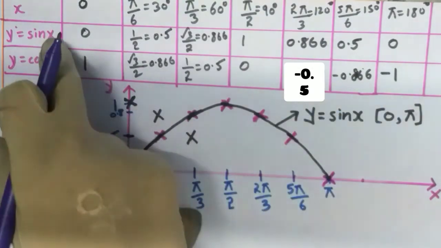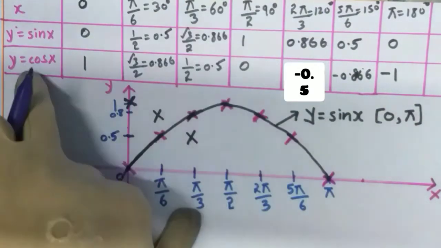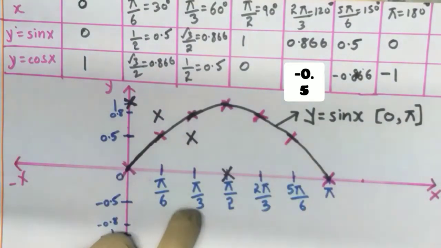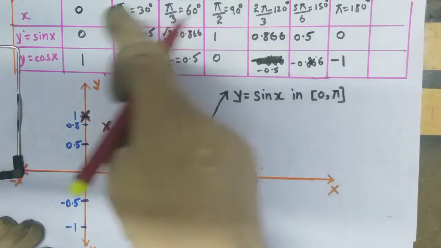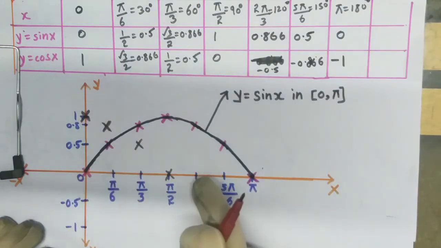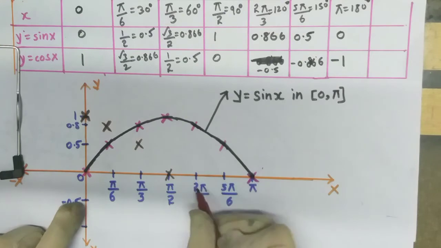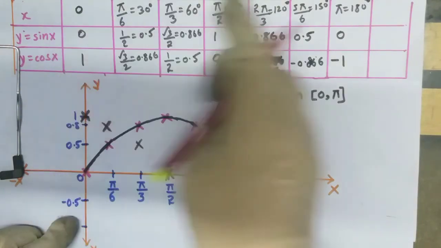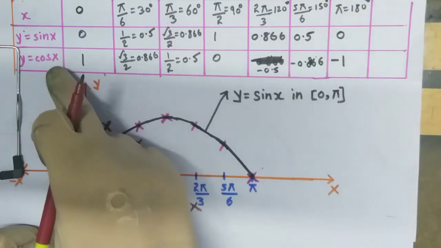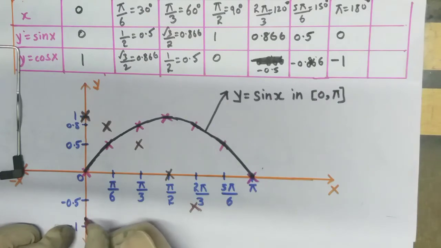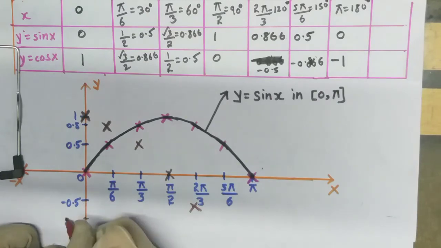0.5. Next when x is 90, y is 0. This is my point. X is 120, y is minus 0.5. X is 120, y is minus 0.5 means this is my point. Minus 0.5. Next I have when x is 150, y is minus 0.866. 0.6, 0.7, 0.8 means somewhere here.